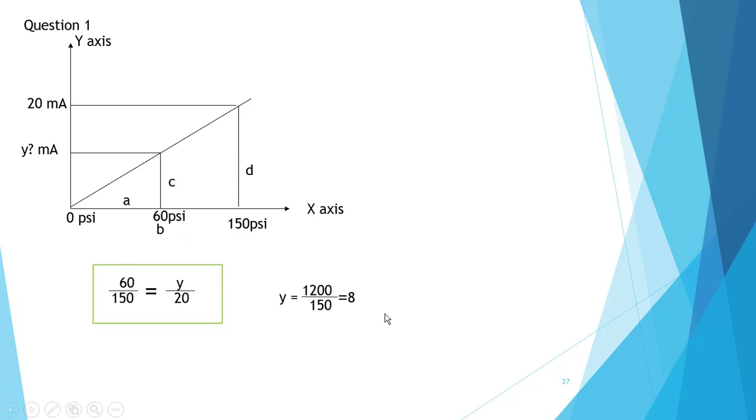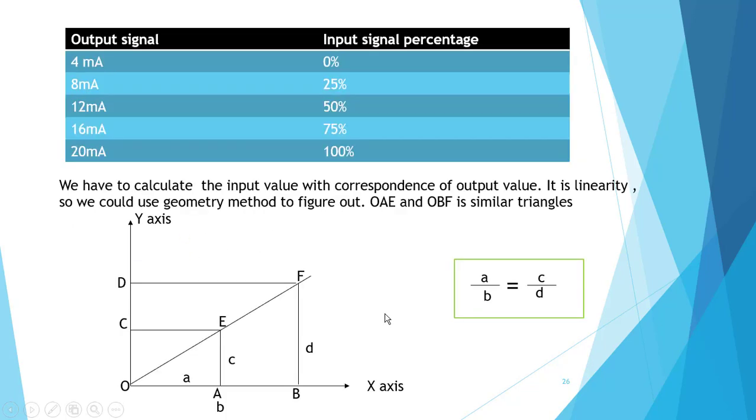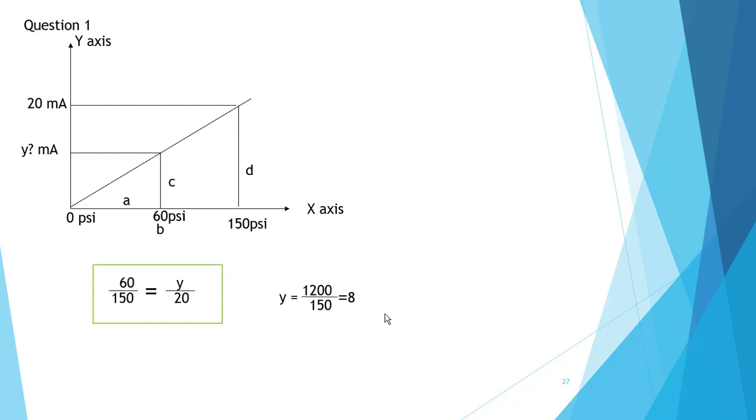We can use this formula to figure it out. A to B: A is 60 psi, B is 150 psi, equals C to D. C is Y, D is 20 mA. So the final result should be 8 mA.